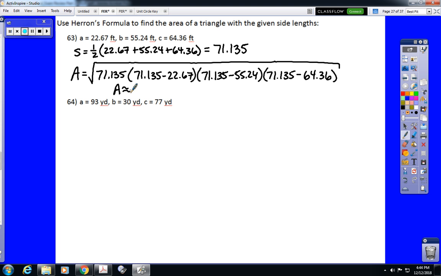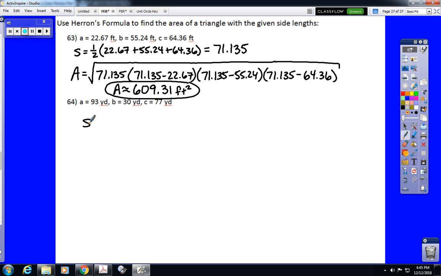So type that in exactly like it reads. And I am going to go back real quick and make sure I type that in correctly. Before I hit enter, I'm just double checking. And it looks like we are good there. So we hit enter. The area is approximately 609.31 square feet.